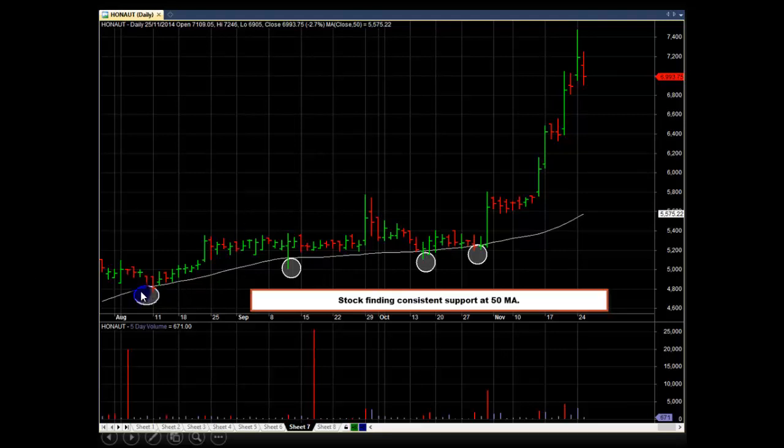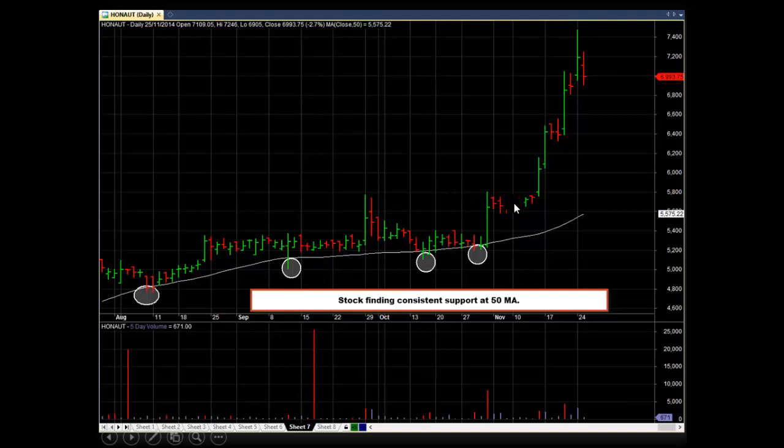Nonetheless, you can see how Hornet has respected the level of the 50-day moving average: it came down, found support, went up, went sideways, came down, found support, continued to go sideways, made a new high, reacted, came down but found support at the 50 simple average, came down, again found support, and then on this bar finally made a new high of 5,800.